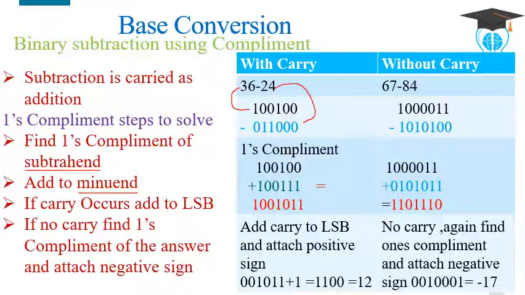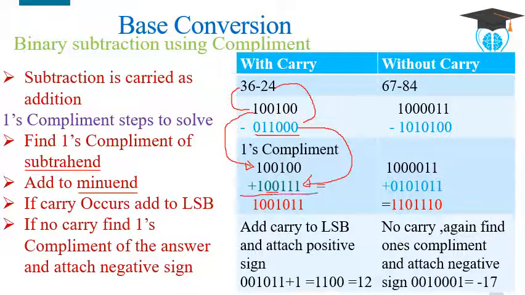What I will do is, I will take the minuend as it is and I will find the 1's complement of the subtrahend. That is, wherever there are zeros here have to be replaced with 1's and wherever there are 1's have to be replaced with zeros. So I will find out the 1's complement of the subtrahend, the number to be subtracted.